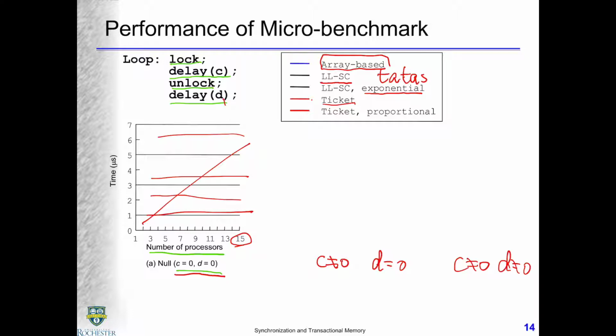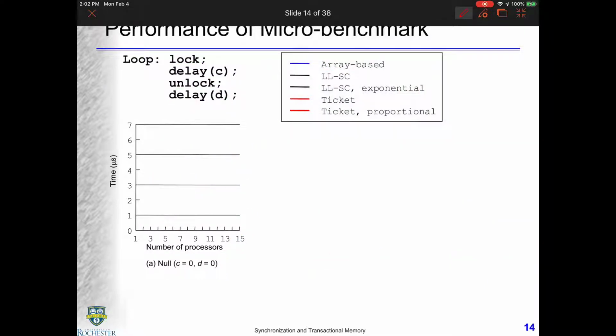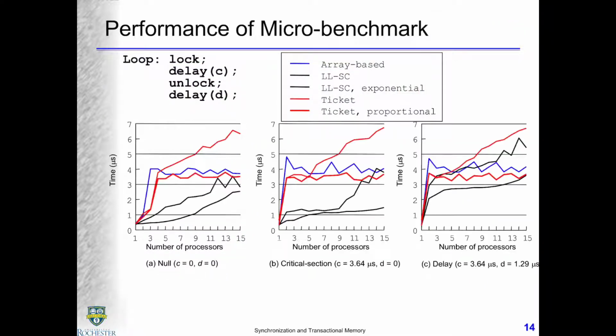And really the interesting thing might be the new ones. Okay, so let me clear this up. Okay, here's all the result. You can kind of see the color. On my iPad the legends are gone, so you have to guess a little bit. The thinner line is ticket, that's the red.